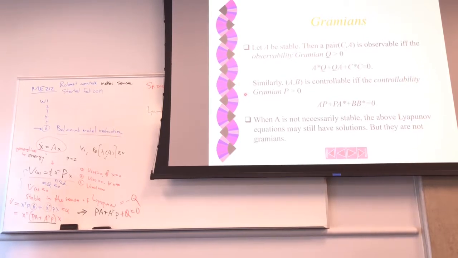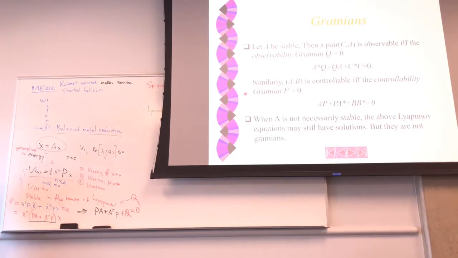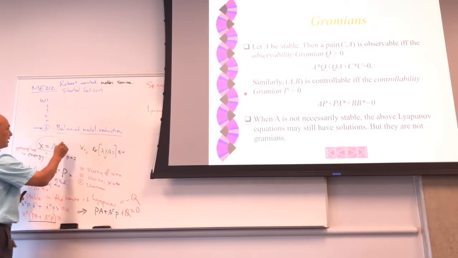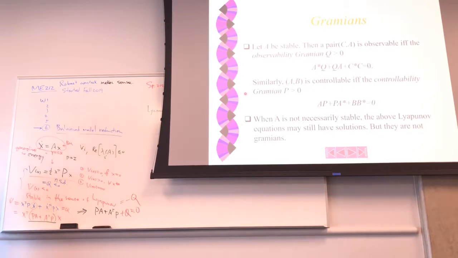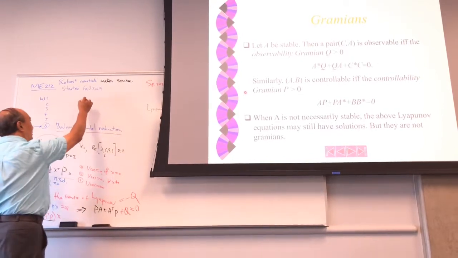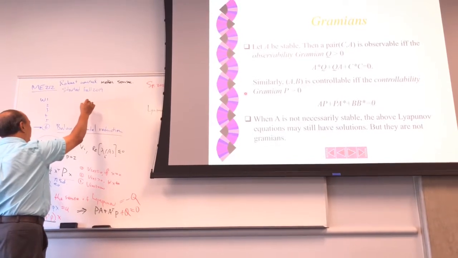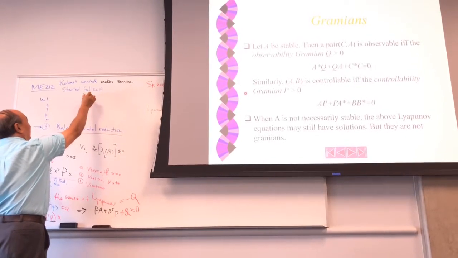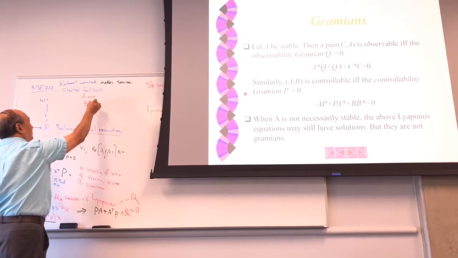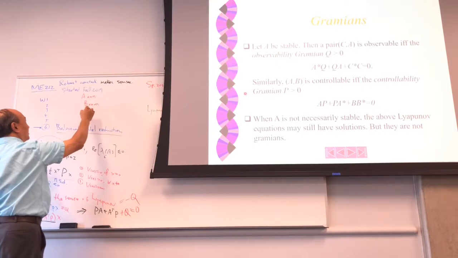But there is a very unique choice. If you are doing something like Y is CX, and you somehow choose Q to be C transpose C, remember A is n by n, B is n by n, and C is q by n.